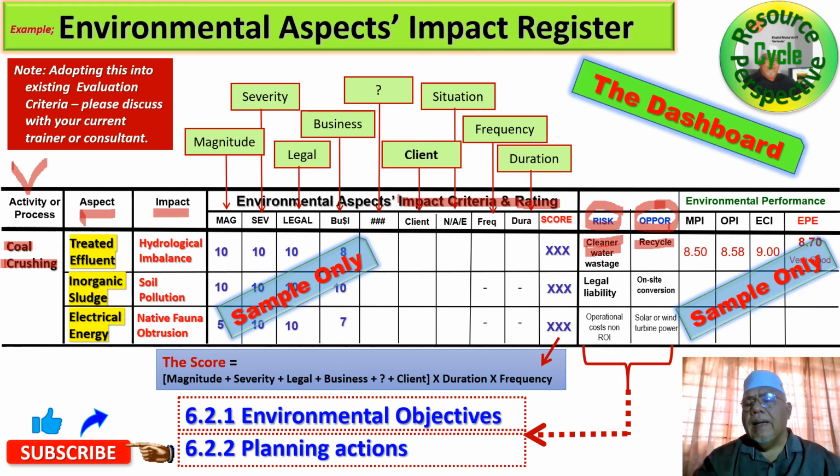So we have recycling. And we have also what is called the environmental performance barometer, literally, or tachometer, you can call it, over here. So we have the MPI representing Management Performance Index, OPI representing Operational Performance Index, and ECI representing Environmental Condition Index.